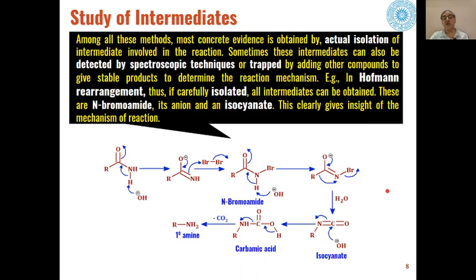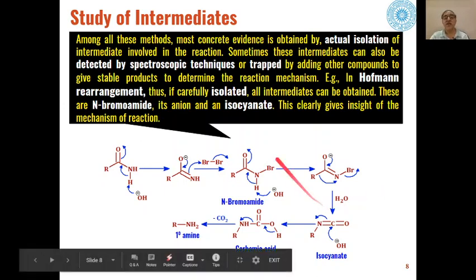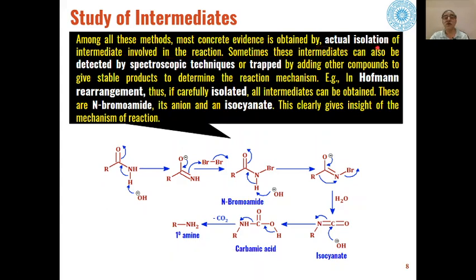The next is study of intermediates. Intermediates also give us very useful information about the mechanism of any type of reaction, and these intermediates can either be isolated or they can be trapped, and the formation of these intermediates can be studied through different spectroscopic techniques also.